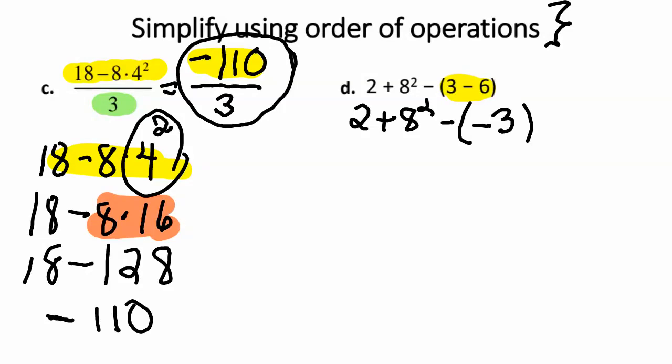Okay. Then I have an exponent. This is going to give me 2 plus 64. Now, in this case, right here, I have a negative 3.